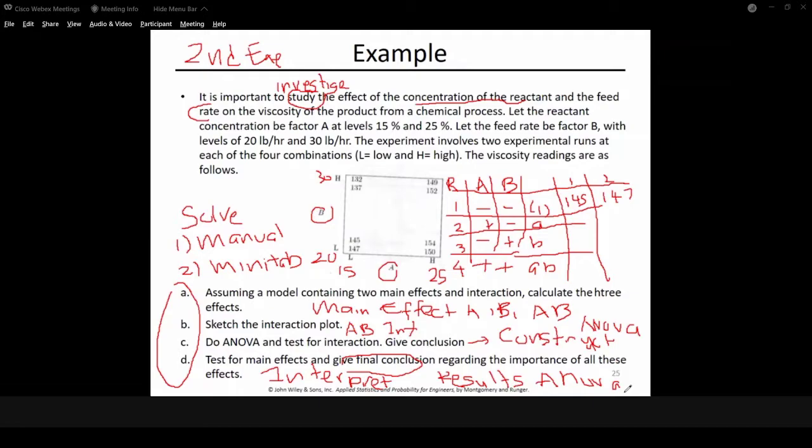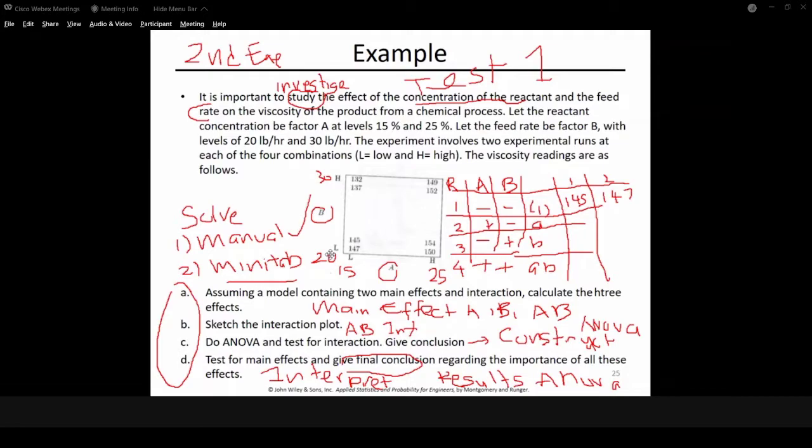This is a typical test 1 question. So you need to practice. You can do this manually, and then if you want to verify your answer, you can key in this data inside Minitab. If you get similar results, that means your result is confirmed and correct.